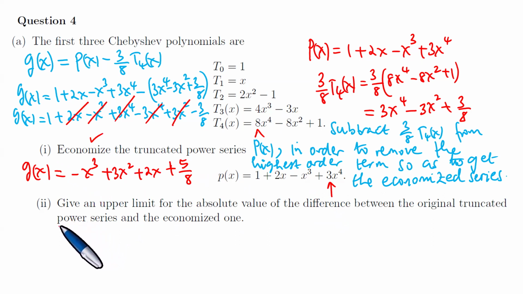What is the next thing to do now? It is to answer the second part of the question: give an upper limit for the absolute value of the difference between the original truncated power series and the economized one, for all Chebyshev polynomials.